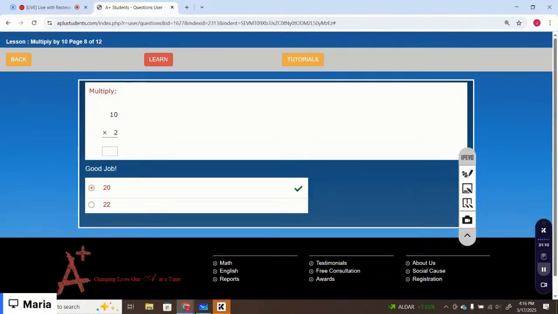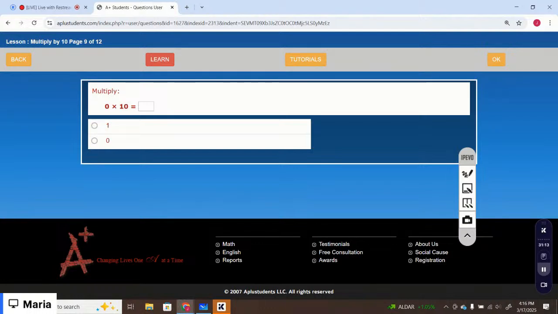Option number 1 is the correct option. 0 times 10, which is the correct option? 0 times 10 is 0. Option number 2 is the correct option.